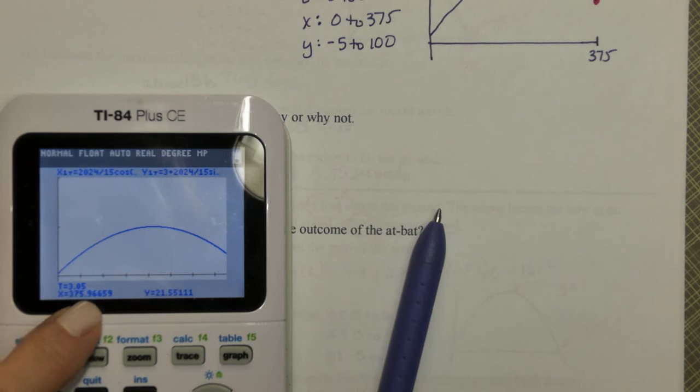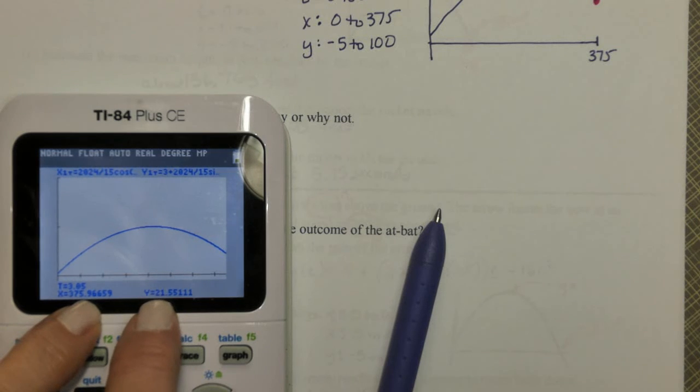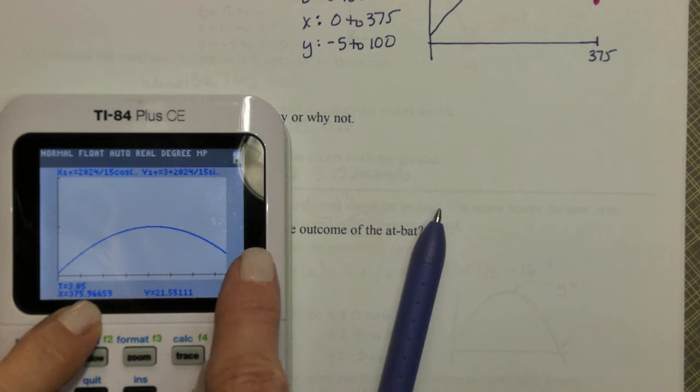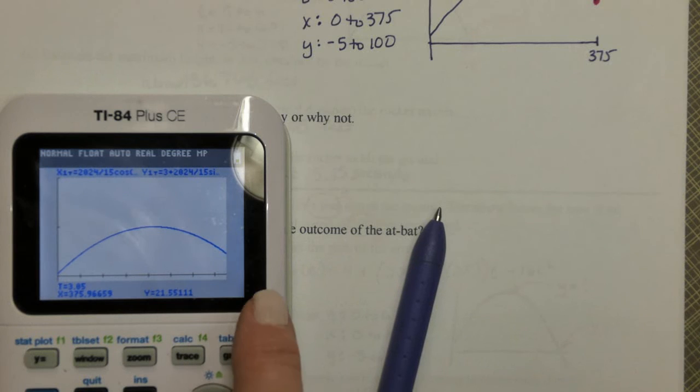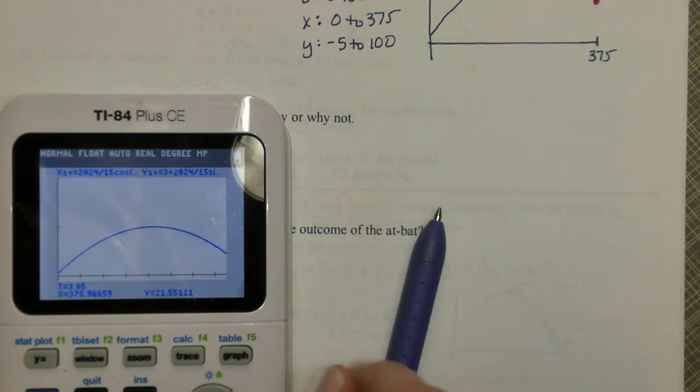There I am at 370, almost 3. I'm actually at 376. I'm at 376 and I'm already at y equals 21. The wall is 25 feet and I'm lower than the wall here. So the ball does not go over the wall.